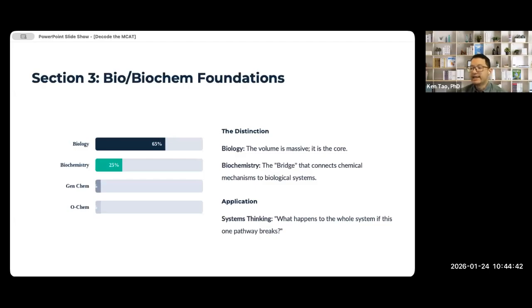Again, you can pick any system that you want. So another system that we can maybe consider is the immune system. So with the immune system, same question, right? Start first by asking yourself, if I have a person and they're exposed to a pathogen, and let's say they have a bacterial infection, you want to be able to think step by step what's going to happen when this person is exposed to that bacteria.